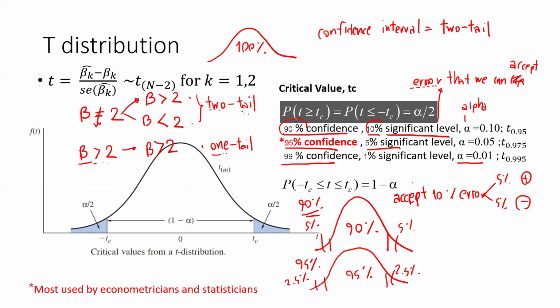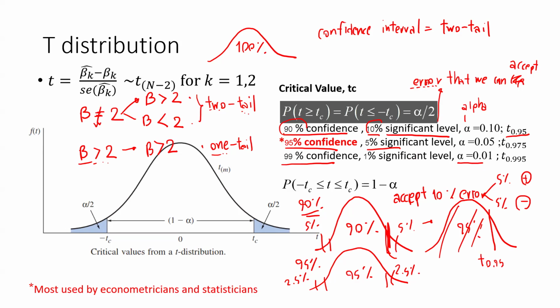if I would like to talk about T distribution, 90% confident, 10% significance level, it means T 0.95. Why? It means if you want to know this value, you have to open here 95, so T 0.95.